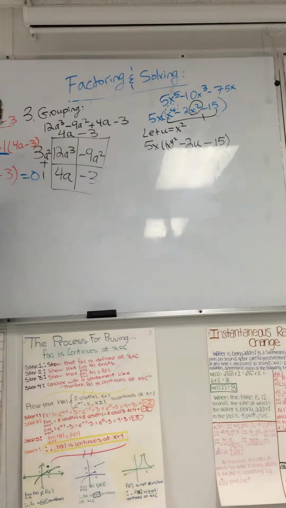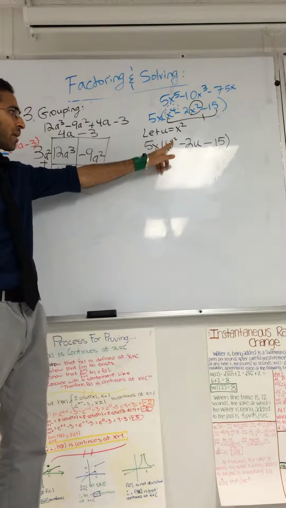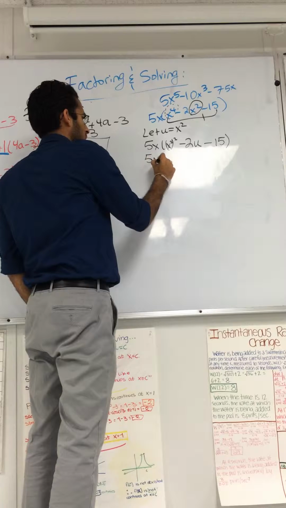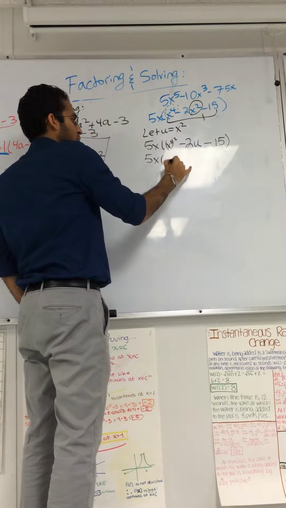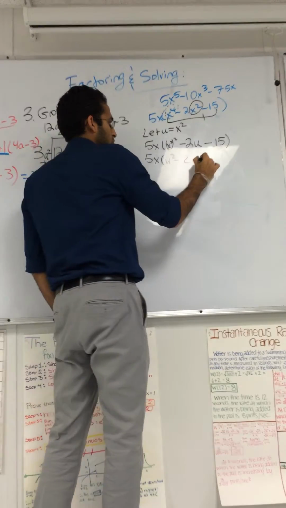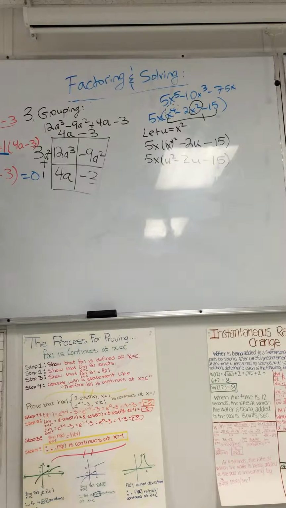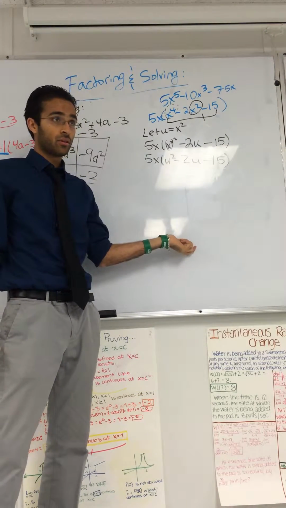Isn't x to the fourth really the same as that from exponent properties? If you have a number, raise it to a power, you multiply. So x squared is just u, so it's just u squared, minus 2u minus 15. If we gave you this problem last year, everybody was like, boom, box, done.